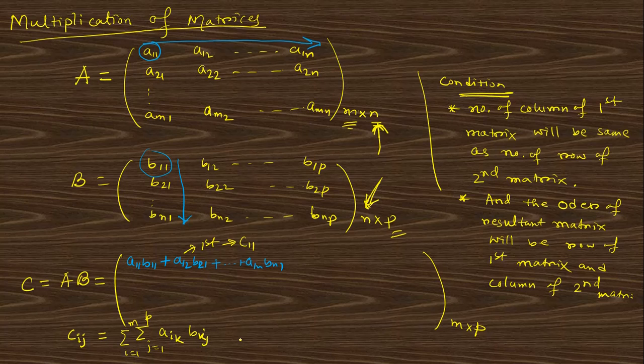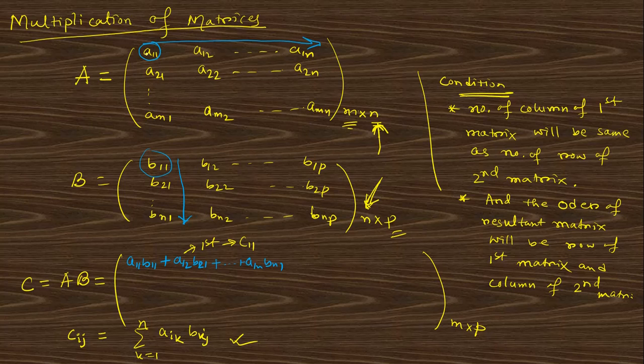The summation is upon k, which is 1 to n, the variable. So this is c_ij in the summation notation.